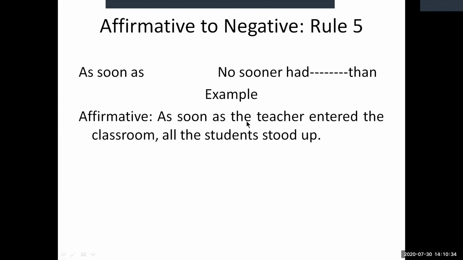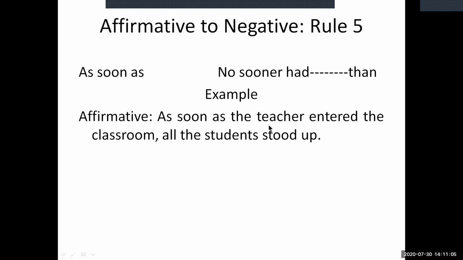To make the sentence negative, you just need to bring the clause which has "as soon as" to the front and keep the main clause at the second place, and then replace the connector "as soon as" by "no sooner had," and replace the comma with the word "then."